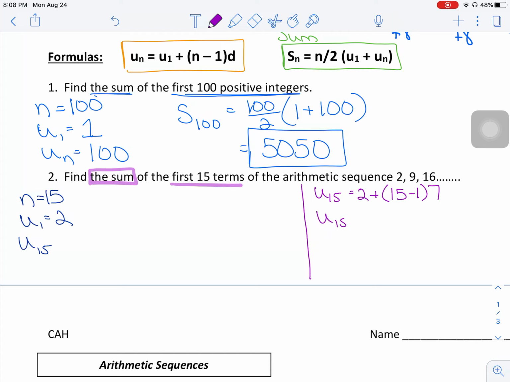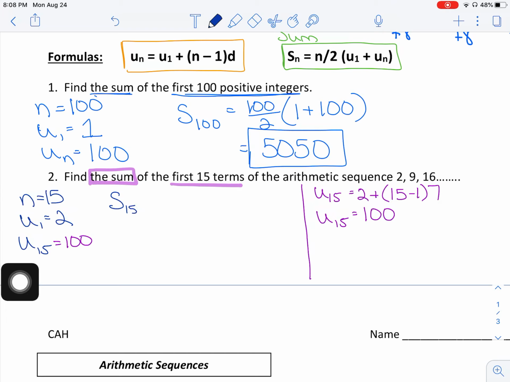So let's see what we've got here. I'm just going to put this whole thing in my calculator as it's written and let my calculator do all the work for me. And that tells me that u sub 15 is 100. So now I know that this is 100, and using these 3 pieces of information, I can actually find my sum.